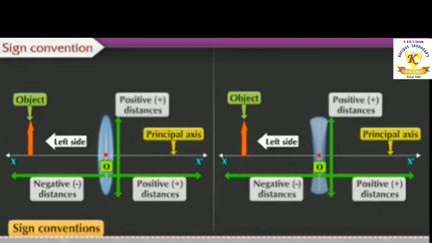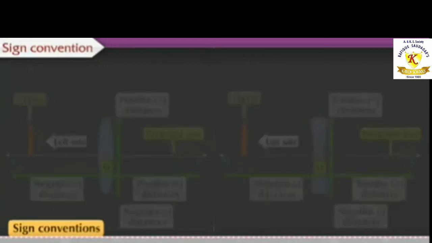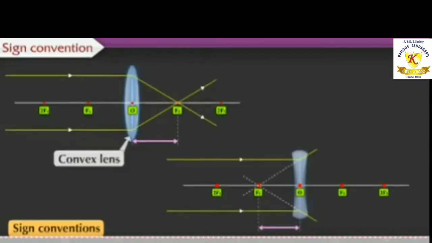Distances perpendicular to the principal axis and below it are taken to be negative. The focal length of a convex lens is positive, while that of a concave lens is negative. So children, have you understood the sign conventions used? Okay, let's move ahead.